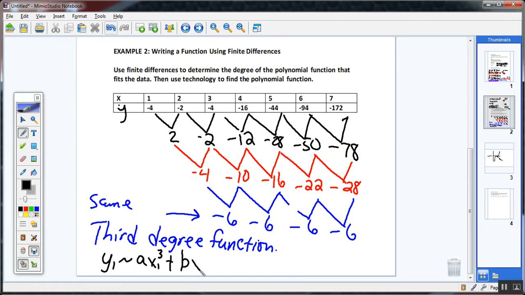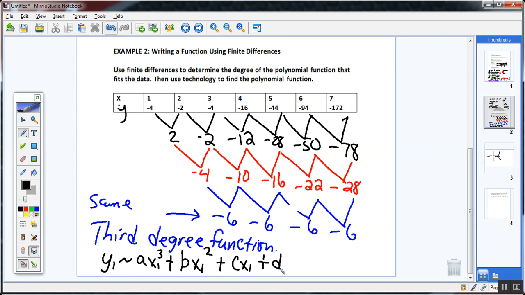B x1 to the, well, if we started with a third, the next term below that for polynomial functions would be a second degree function plus maybe cx1 to the first plus your constant out here that I'm probably going to call what, kids? D.